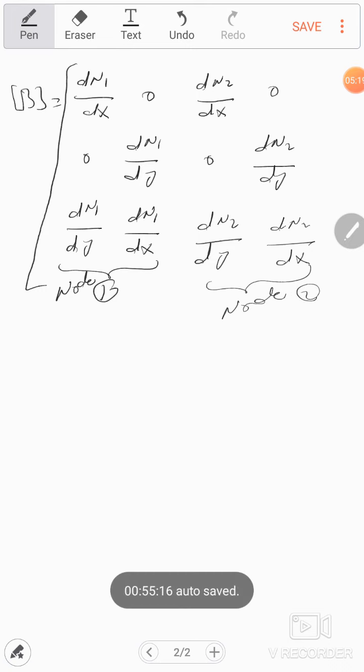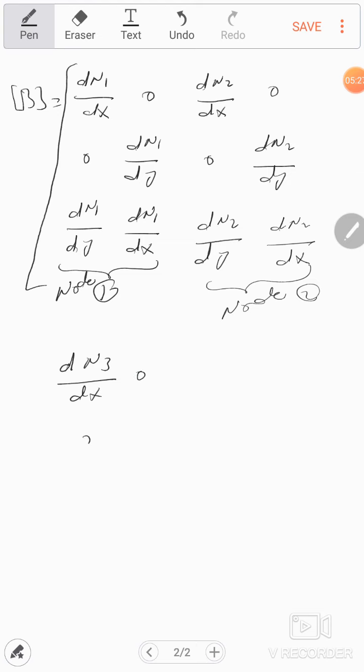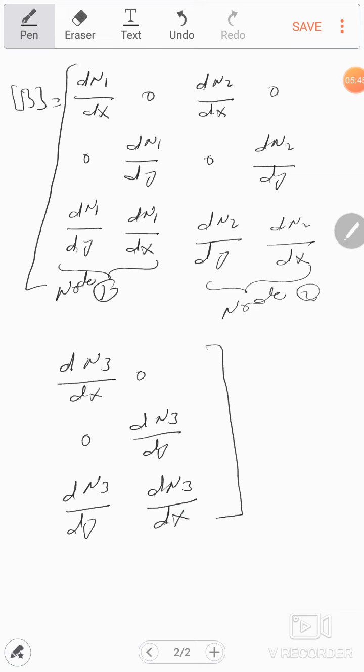Same with node number 3. Sorry, I don't have enough space. So this is the general matrix for the B matrix.